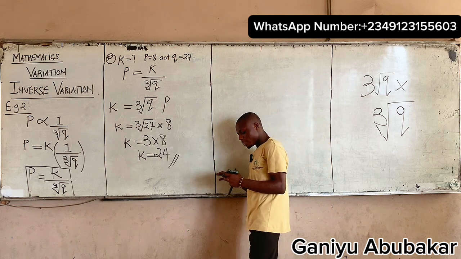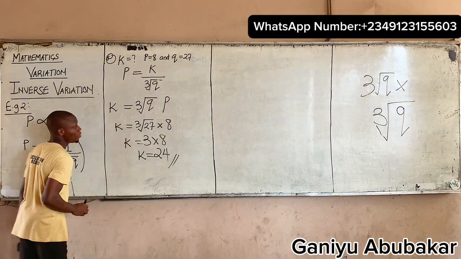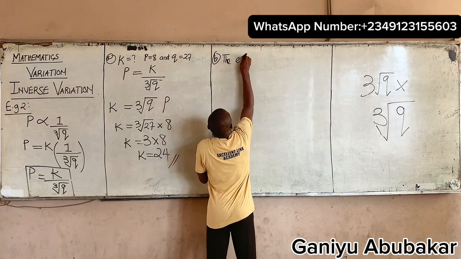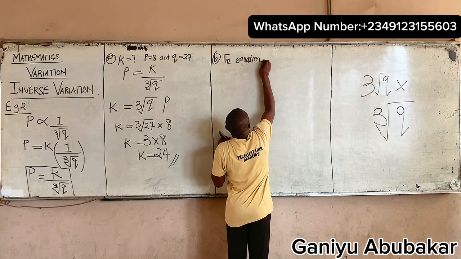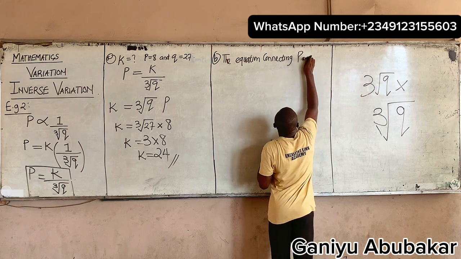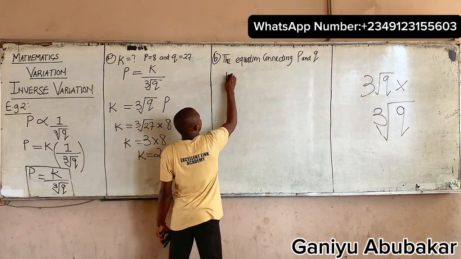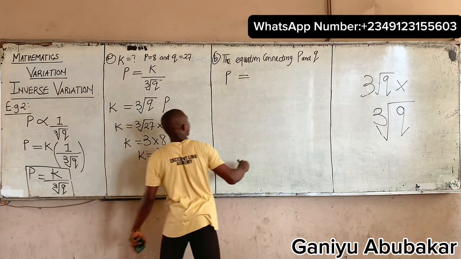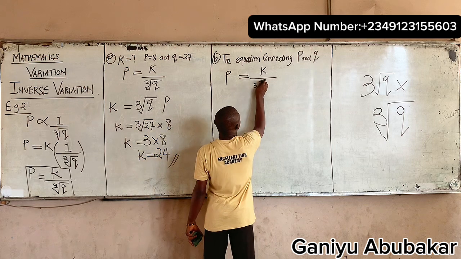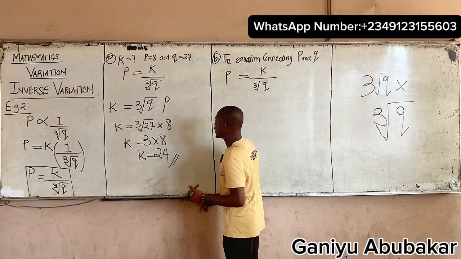That's your question A. Question B says the equation connecting P and Q is given by this: P is equal to K all over the third root of Q. I can leave it this way and still be correct, but mind you, we know K already as 24.